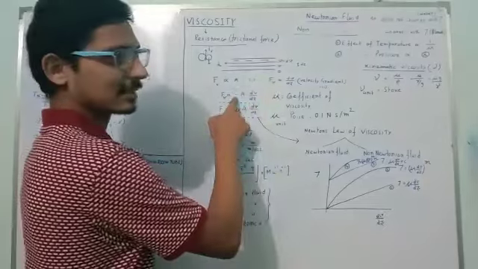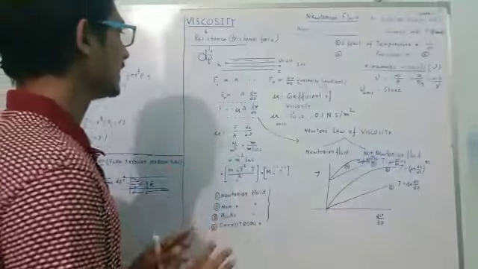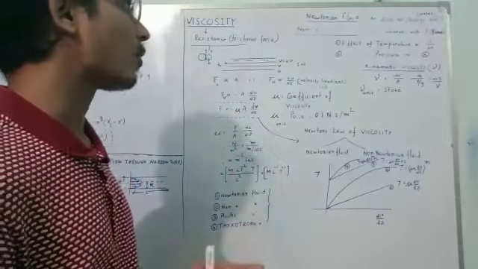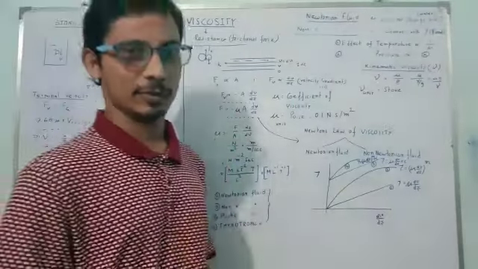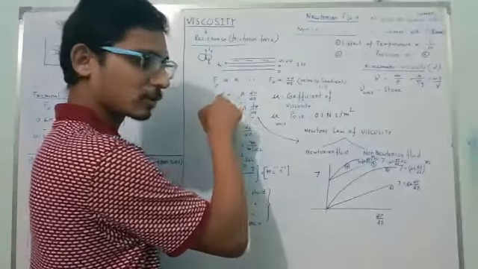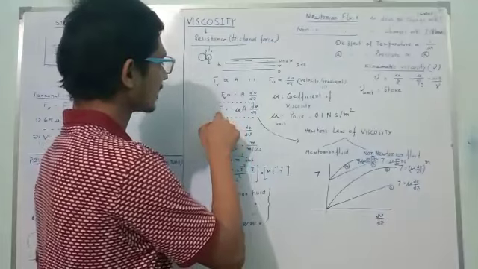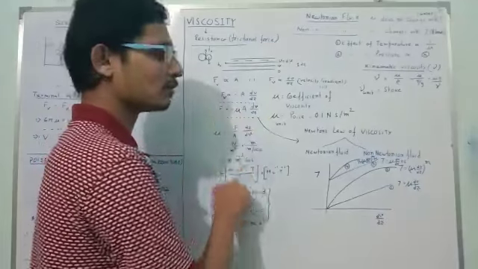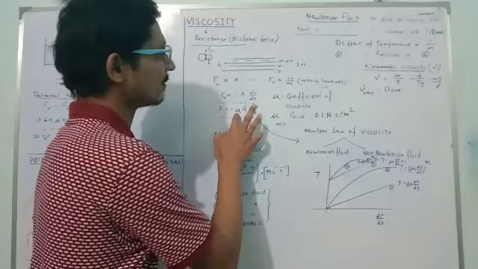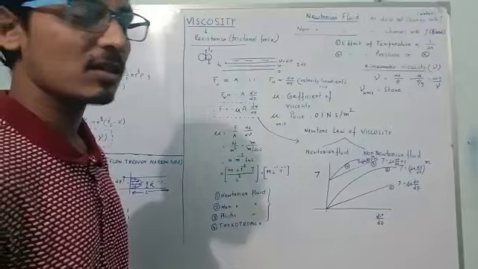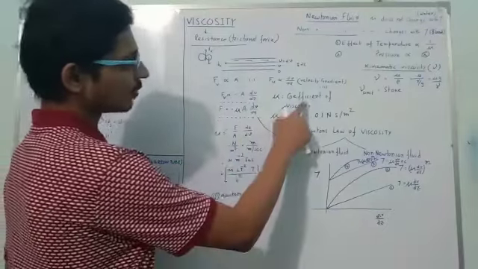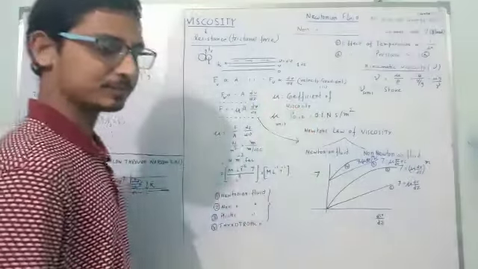And the minus sign is very important, which indicates that viscous force always acts opposite to the motion of the fluid. To change this proportional sign into an equal sign, F is equal to minus mu into A into dv by dz. That constant mu is called the coefficient of viscosity.